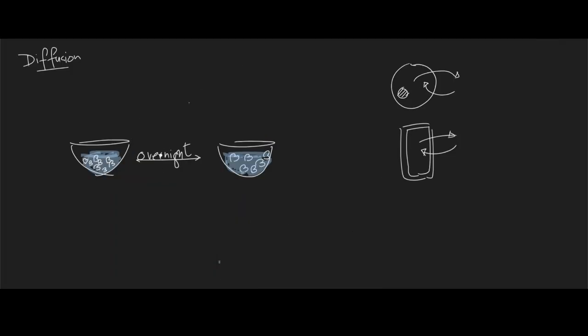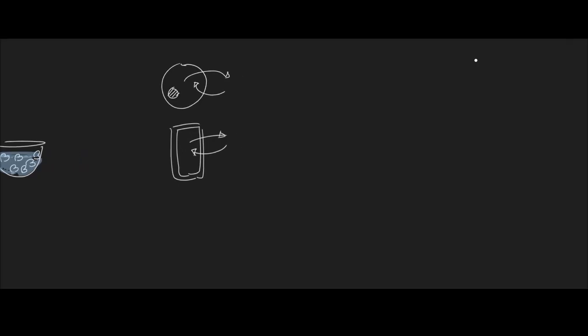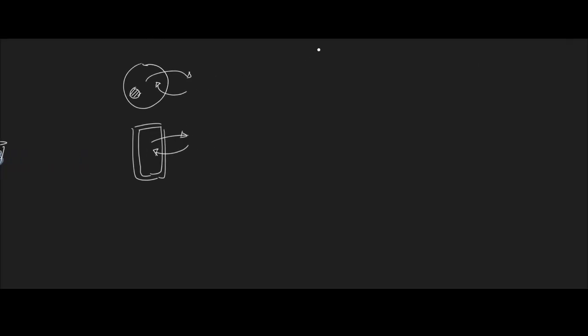I'm sure that some of you are smart enough to know that it has something to do with the water. Now, the process that makes that happen is called osmosis. Osmosis is the process by which that happens.